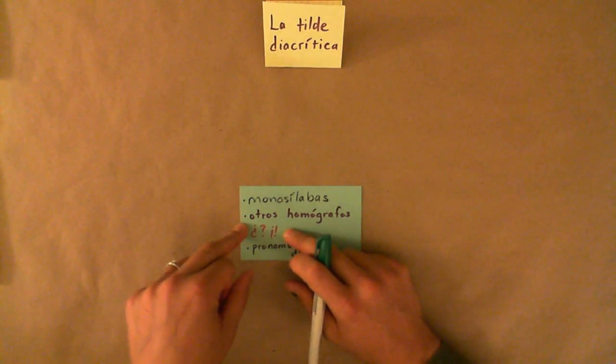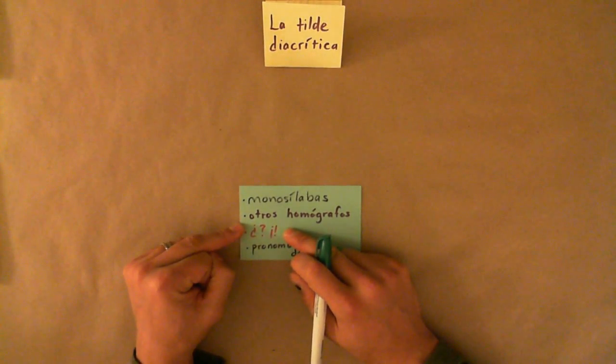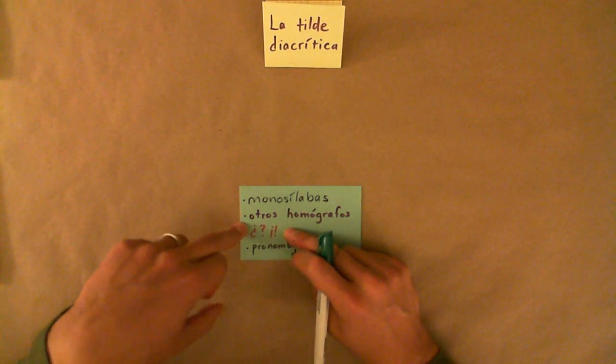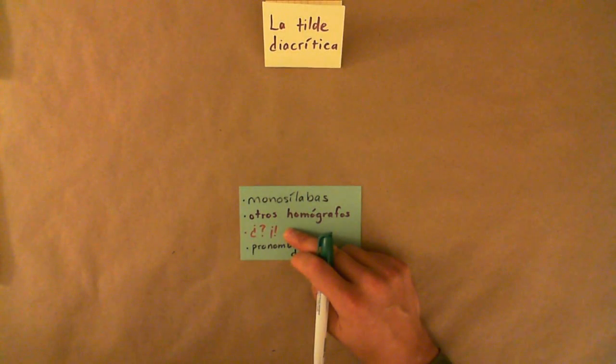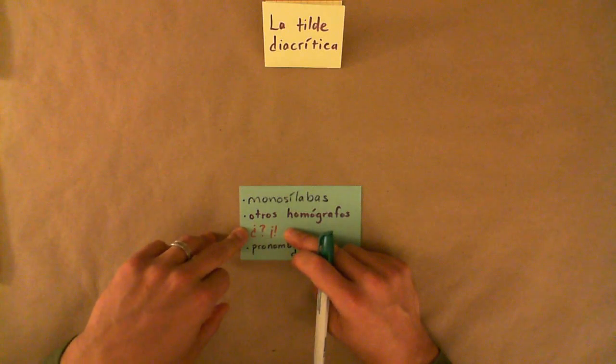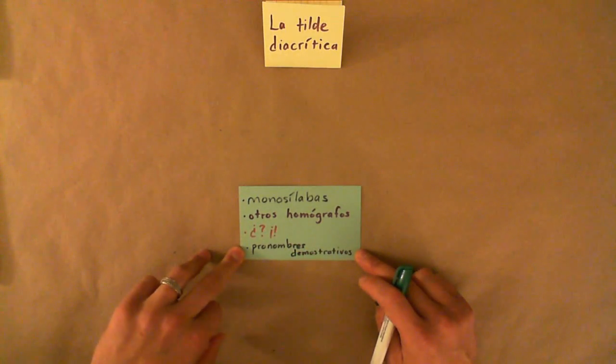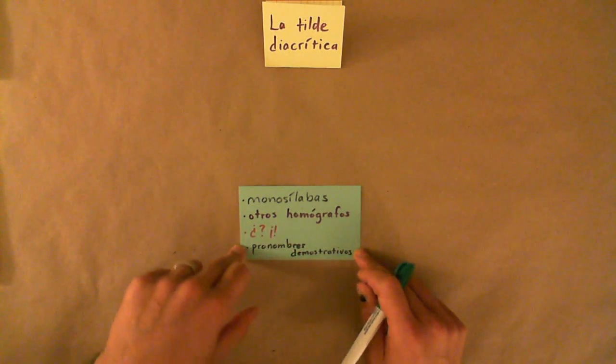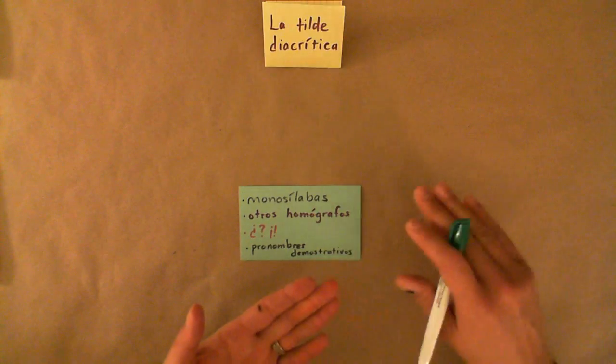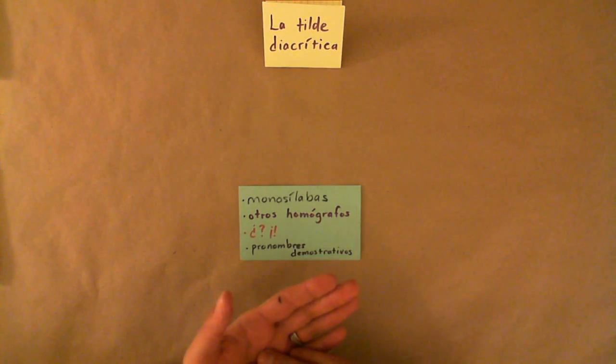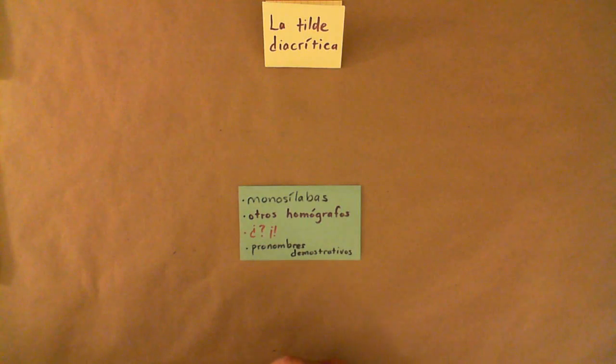Question words and exclamations, we talked about quién, cuándo, and also embedded in a sentence, such as no sé cuándo llegan. And then pronombres demostrativos, this is like aquel, or ese, or este, or esos, this kind of thing. Okay, thanks.